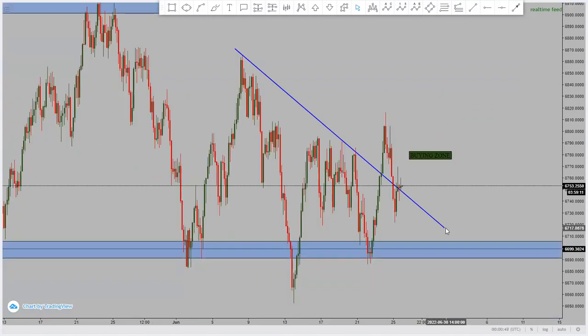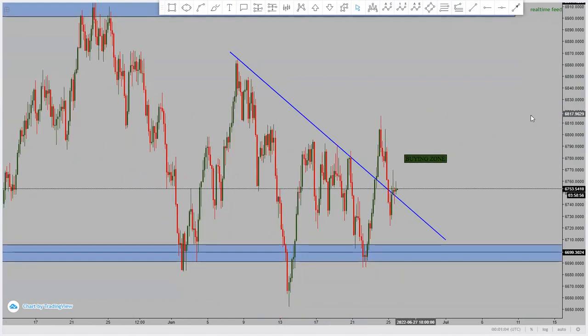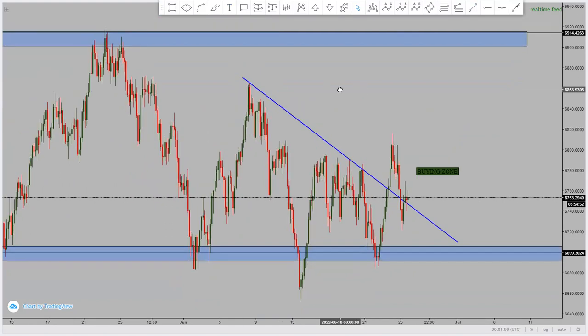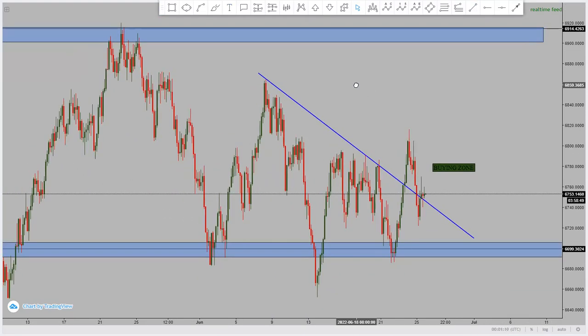So already the 4-hour candle closed outside. So this was the break, came back to retest, gave us that little hammer there. So basically right now, price is simply in our buying zone when it comes to the VIX10.